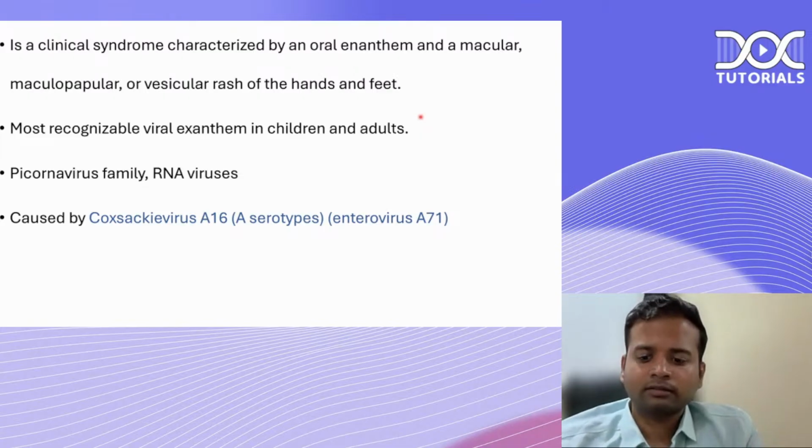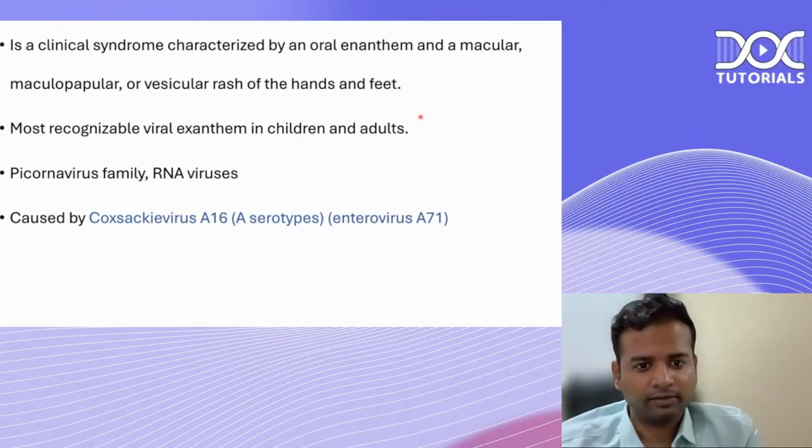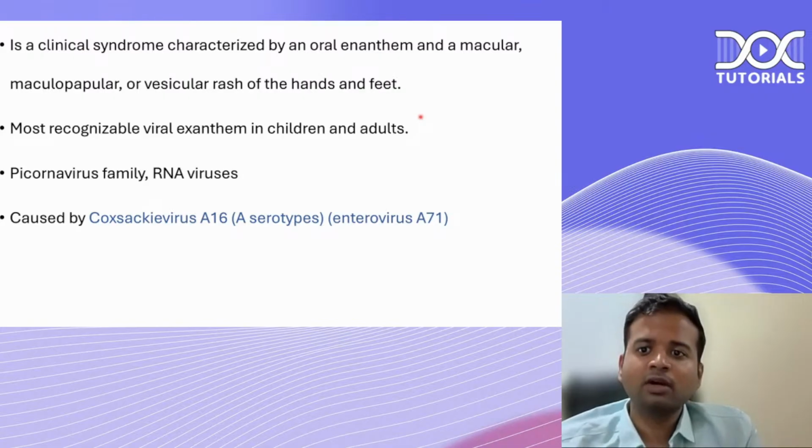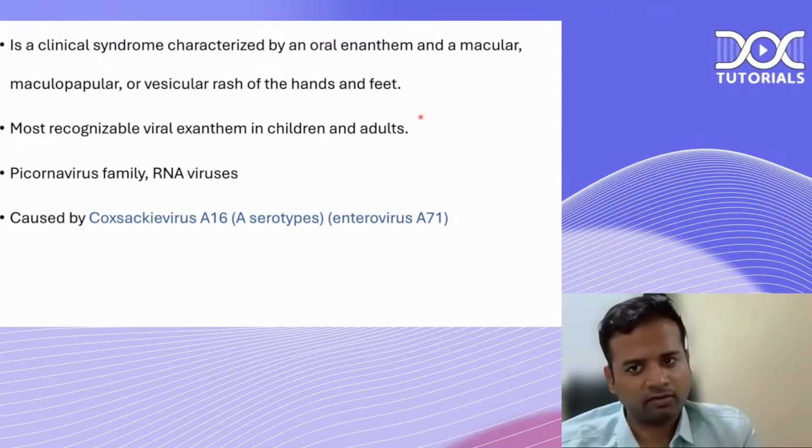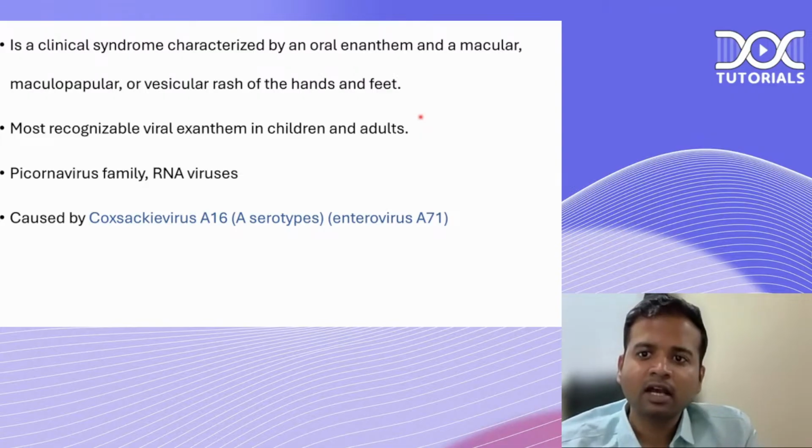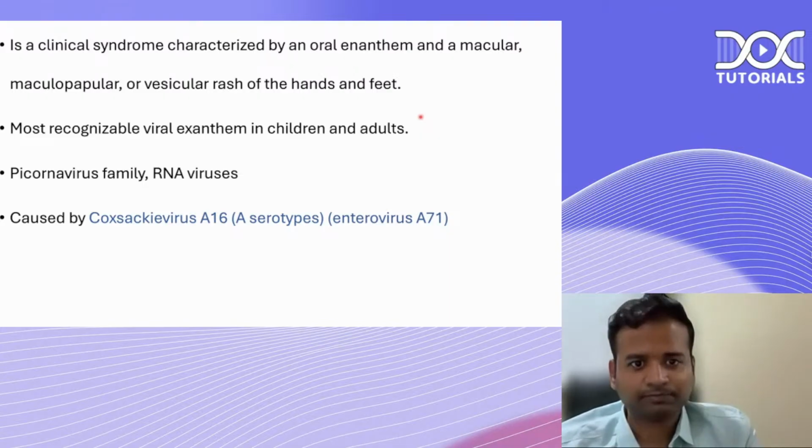So these two are the most common viruses in the enterovirus family which cause HFMD. Please remember these two. Most common is Coxsackie A16 followed by enterovirus A71. So if I ask what HFMD is caused by, you have to tell Coxsackie A16 and enterovirus A71.